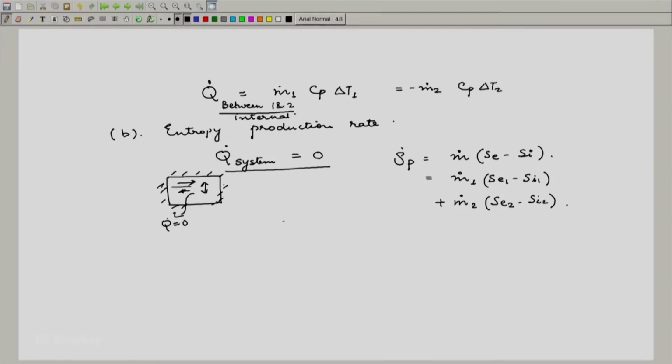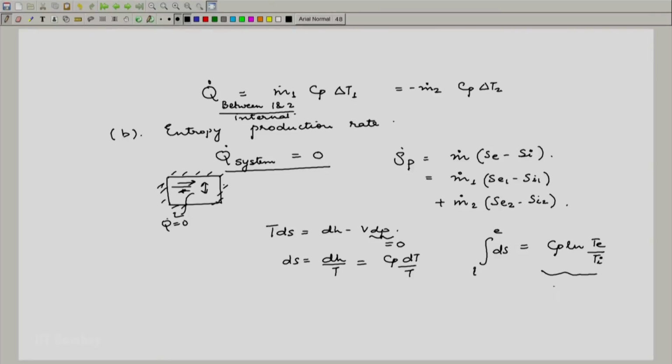I could have as well used the property relationship Tds is equal to dH minus Vdp, and since dP is 0 in this process, we get ds is dH by T is equal to Cp dT by T. If we integrate ds from inlet to exit, integrating Cp dT by T, we get Cp ln of T exit by T inlet.